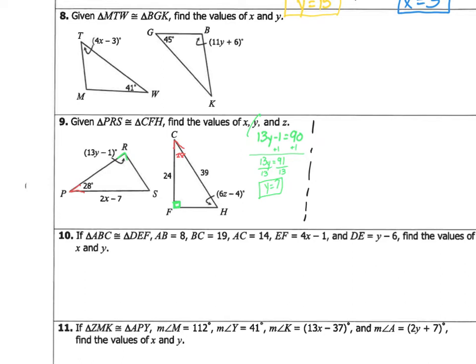This is going to be the same as this, but we don't know that angle, right? So we have to figure out what it would be. So we'll have to do 180 minus 90 minus 28 to figure out what our side's going to be. So that's going to give you 62, if my math is correct.